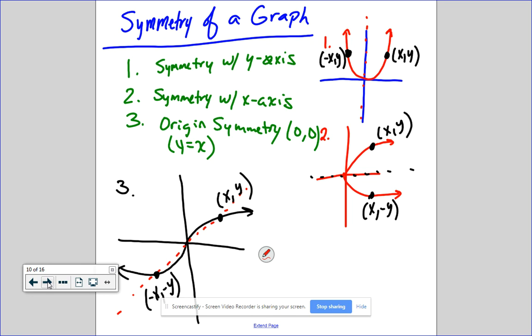So that's if you were able to take something and cut it on the diagonal and it folds perfectly. So a square or something like that. So, yeah, this graph here, and I know the sketch isn't perfect, but it's a semi-solid graph like that to have origin symmetry.